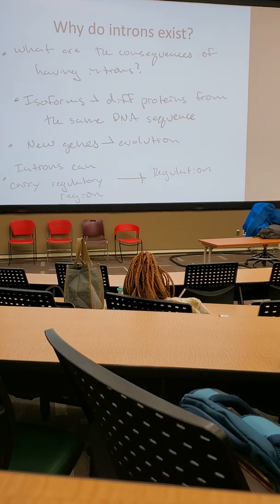It's a consequence. If we have alternative splicing, it usually is producing certain isoforms. Sometimes mutations can happen, and we bring together exons that were never together before. That's called exon shuffling, and we get new genes. A lot of them will go away because there is no benefit of having them, but sometimes they will have a fitness advantage in evolution. So those are the main consequences of having them.